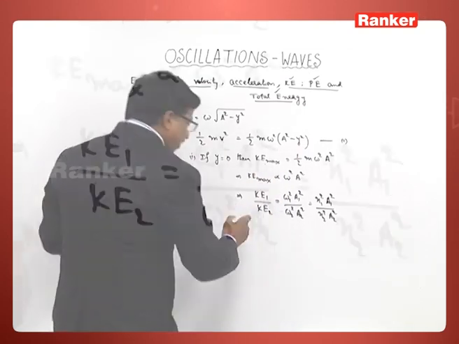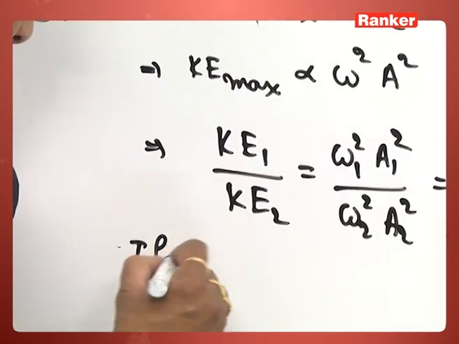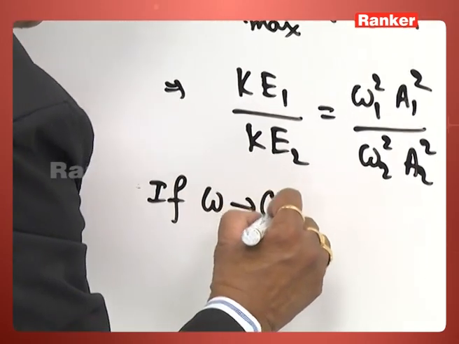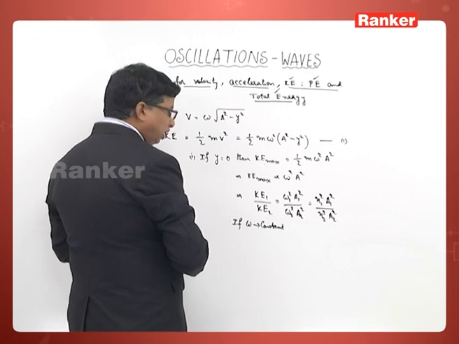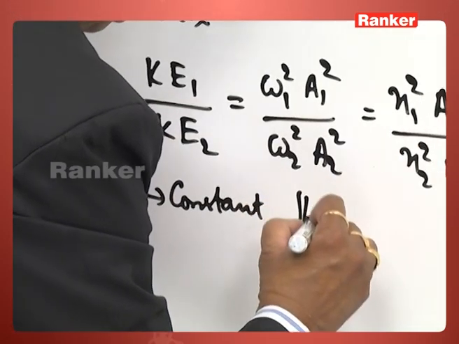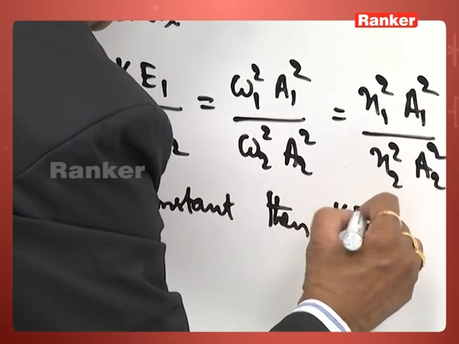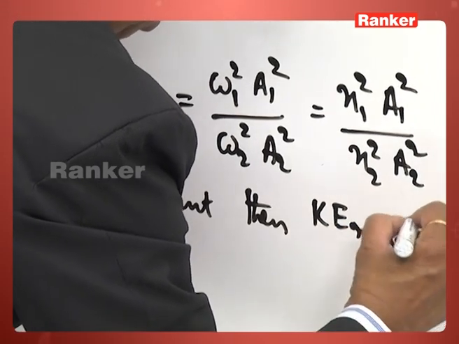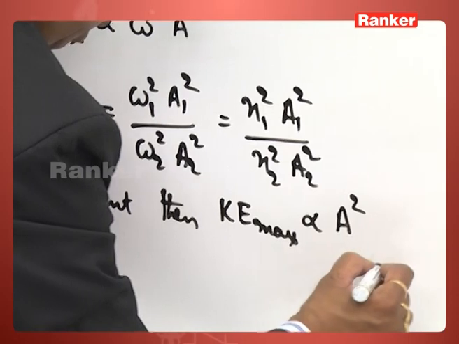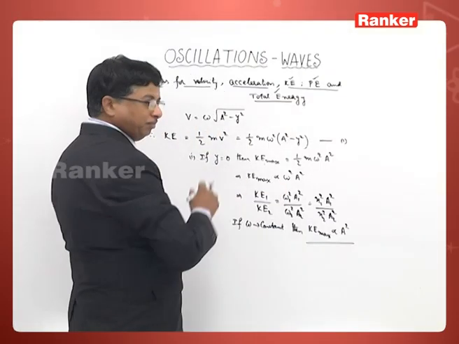Now, if omega is given constant for the same particle, then we can understand directly that kinetic energy maximum is directly proportional to square of the amplitude only.